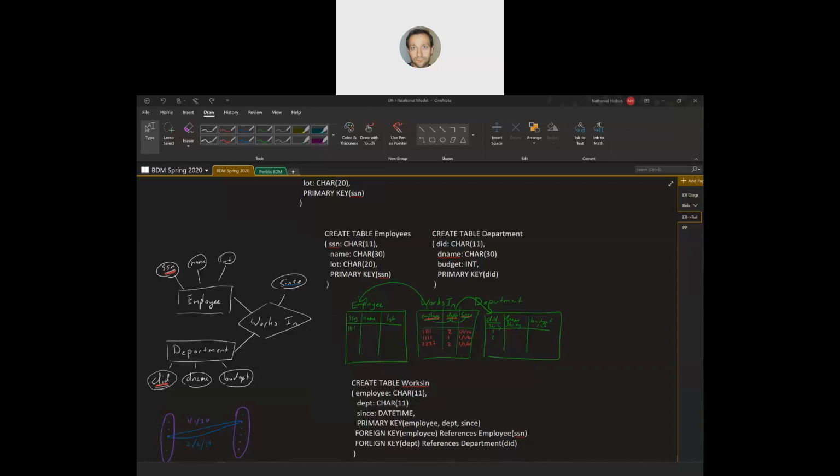The employee entity has a primary key SSN, so that would become a column, as well as the DID attribute in the department. Furthermore, for those keys that are coming from entities, those attributes in the table are foreign keys into their respective relations.